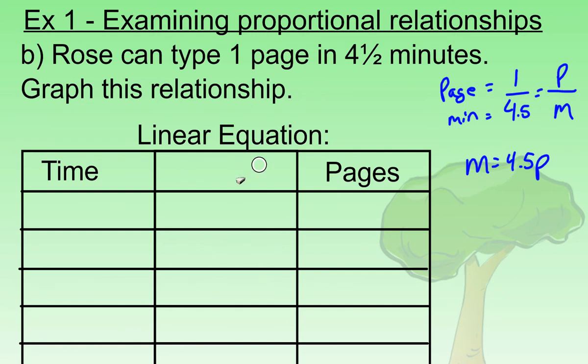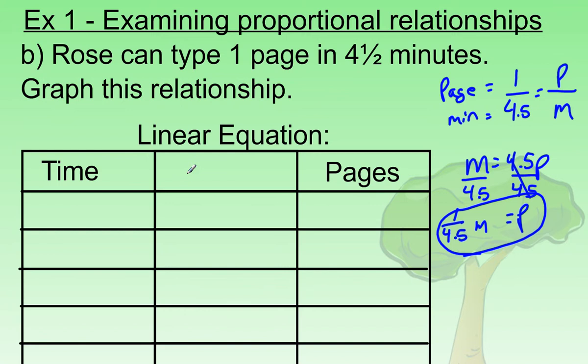All I have to do is take my equation over here and solve for P. So if I divide by 4.5, divide by 4.5, these cancel. P equals 1 over 4.5 m. A little bit uglier, but it's the same process. P equals, and you can even have m over 4.5. Just it's a division. That's what this is.